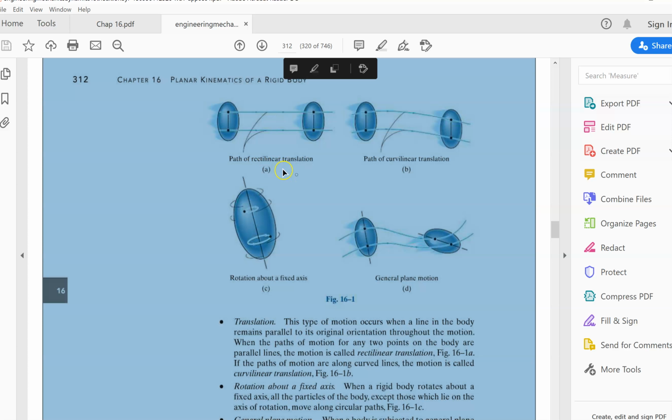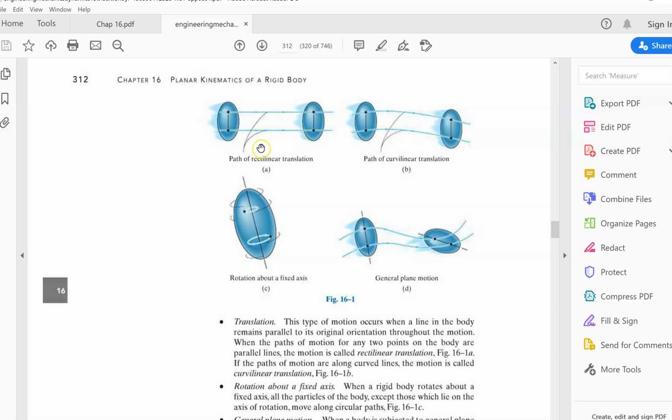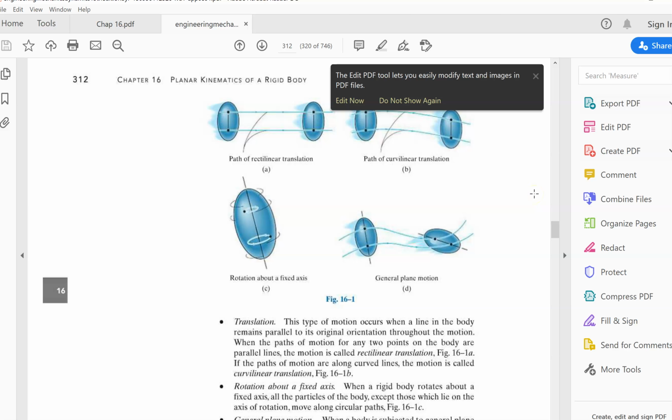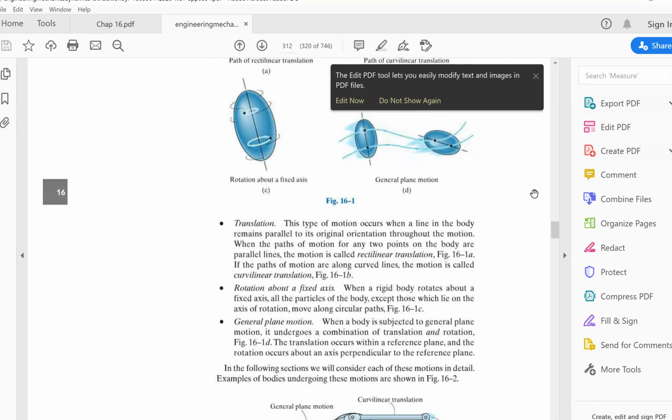Can you see rectilinear translation? It's a straight line, whereas curvilinear is curved. Rotation about an axis is rotating about an axis. And then we have general plane motion, which is a combination of a few movements on the body itself.